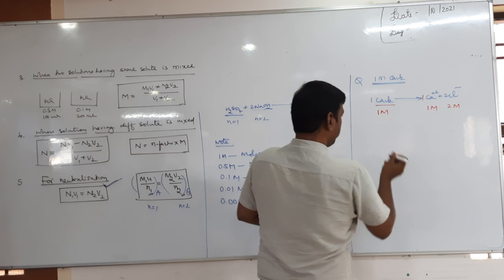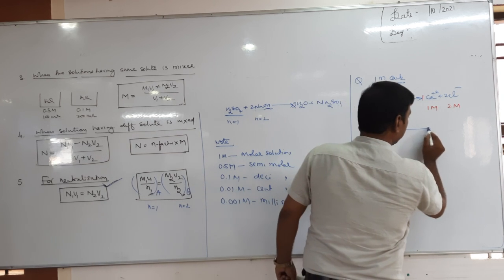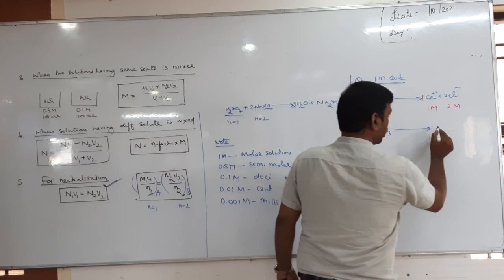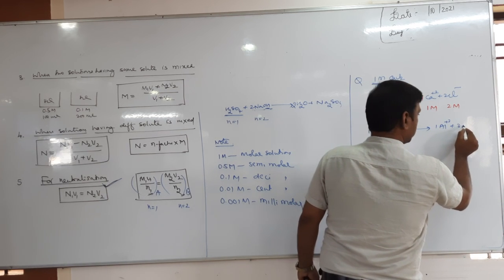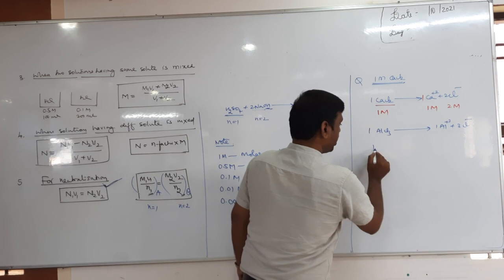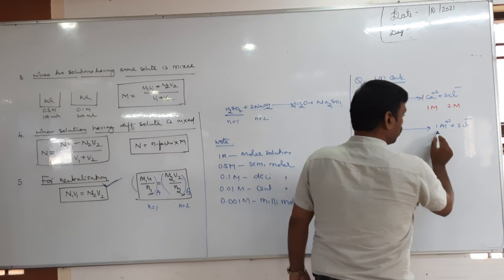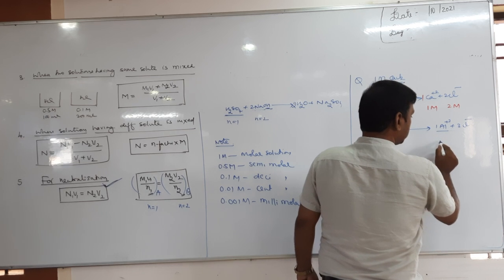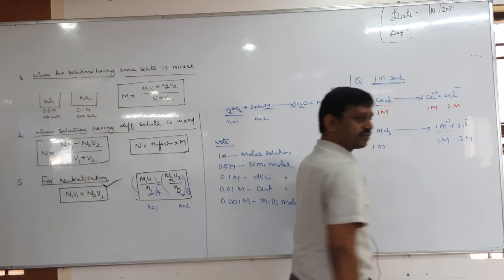Similarly, if it is 1 molar AlCl3 undergoing complete dissociation, it gives 1 Al3+ plus 3 Cl minus. If I take 1 molar AlCl3, then how many molar Al3+ and how many molar Cl minus? 3 molar.